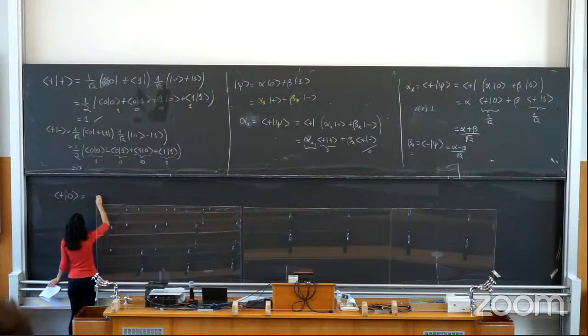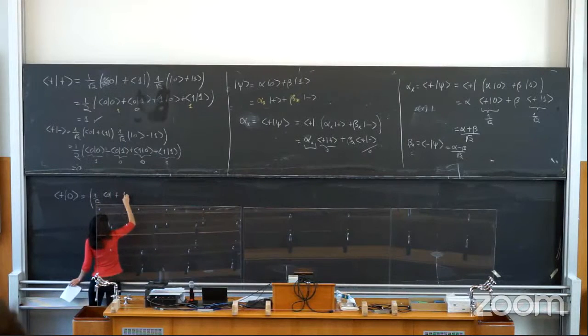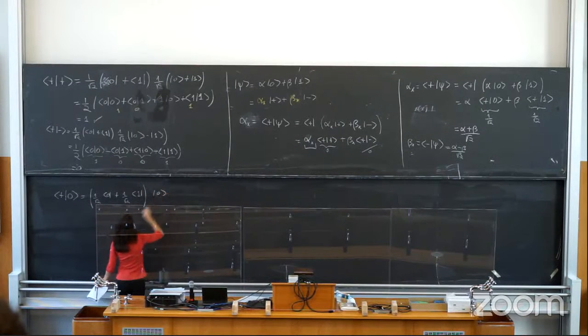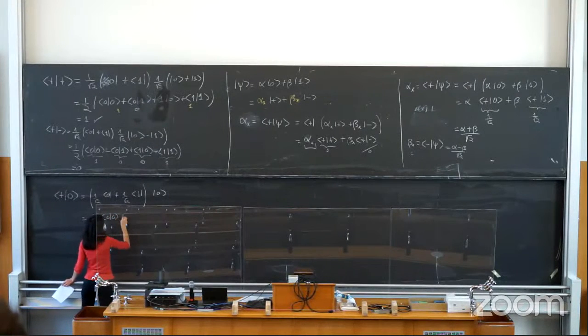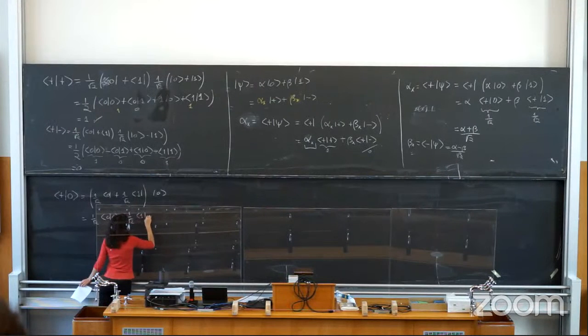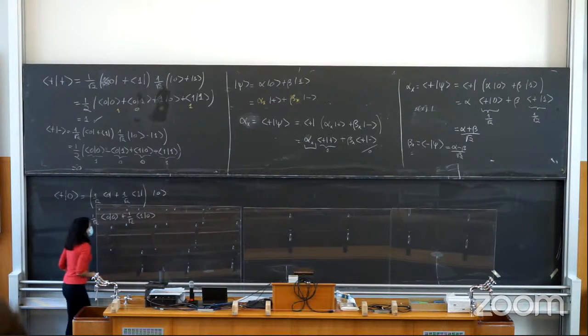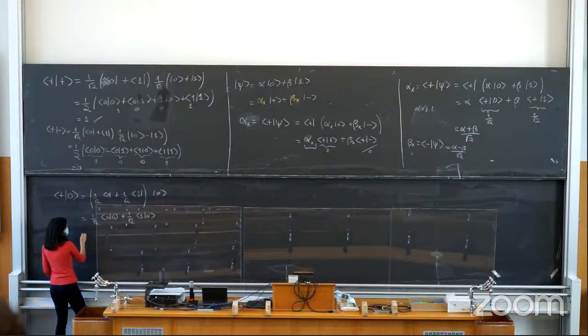So what is plus? This is 1 over square root of 2, 0, plus 1 over square root of 2, 1, in a product with 0. And again, there we go. 1 over square root of 2, 0, plus 1 over square root of 2, 1, 0. And now this is 0 and this is 1, so you get just 1 over square root of 2, right?